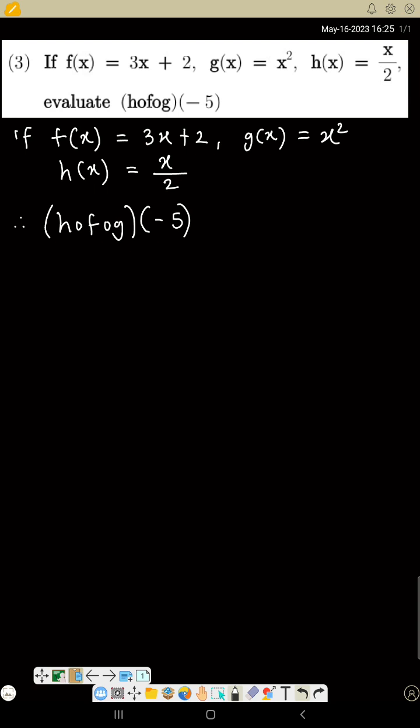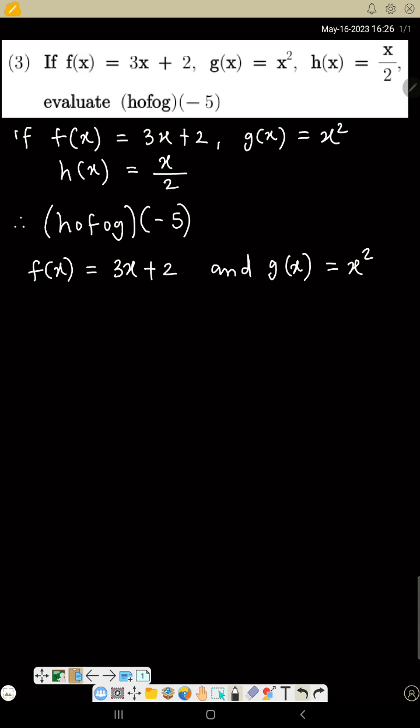So now, to get h of f of g, bring g inside f first. Remember f of s is 3s plus 2, and g of s is s squared.